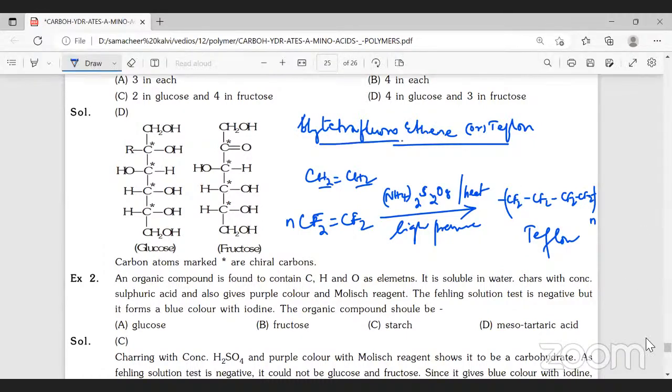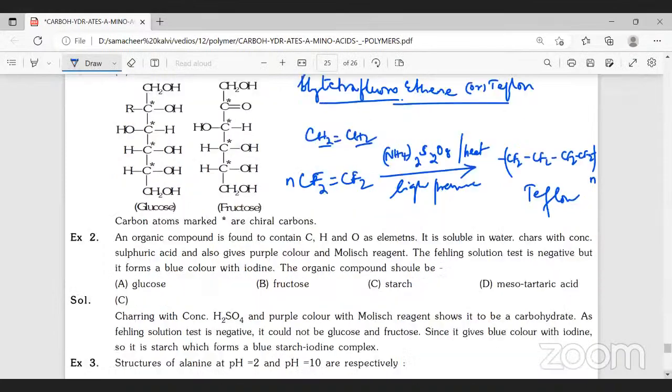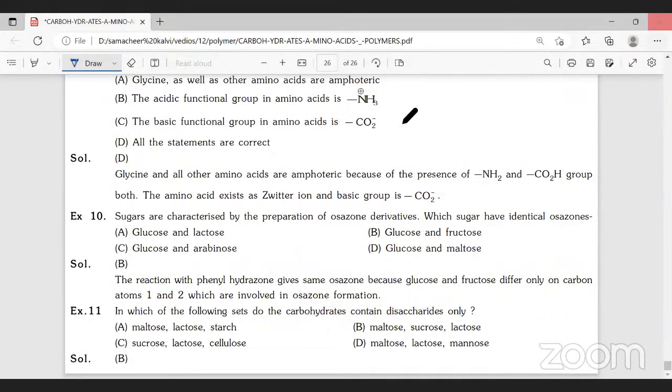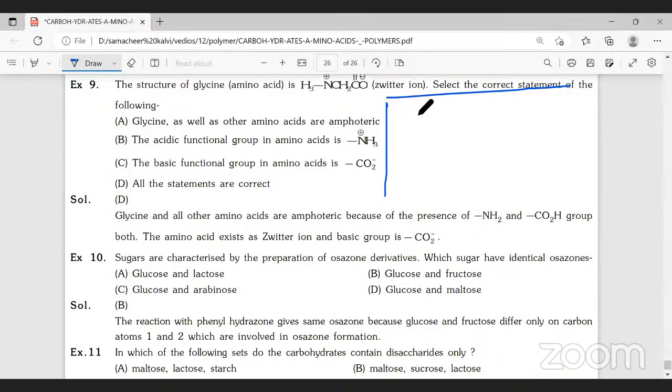Now, the next polymer is polyacrylonitrile. This polyacrylonitrile is abbreviated as PAN.